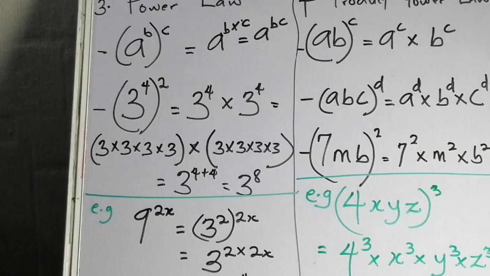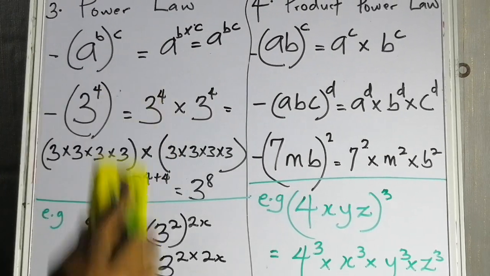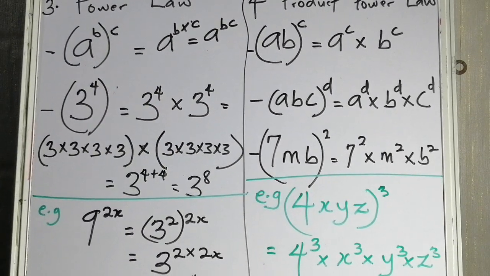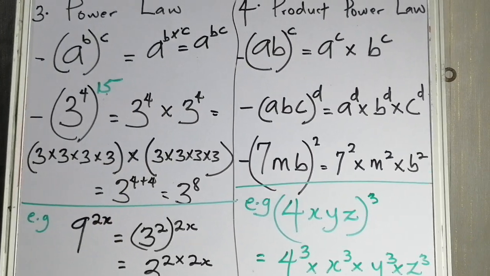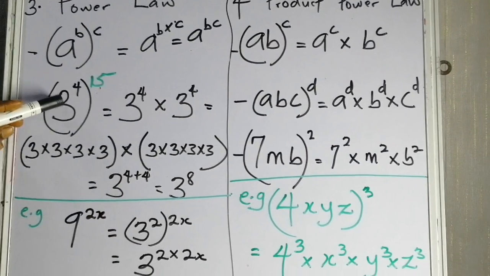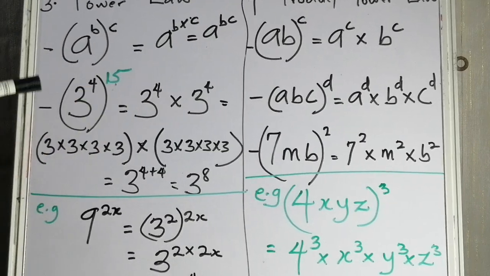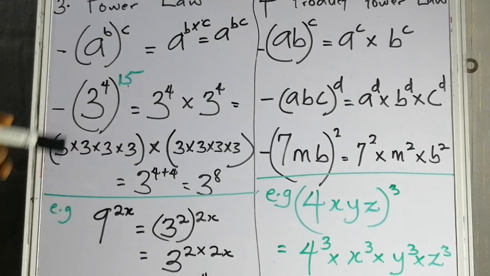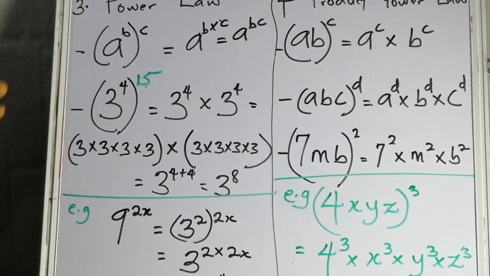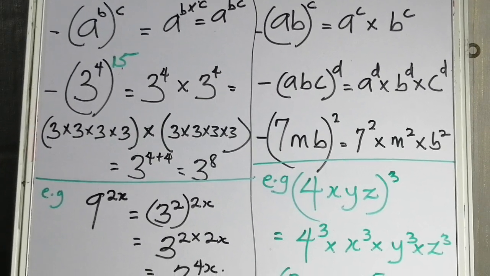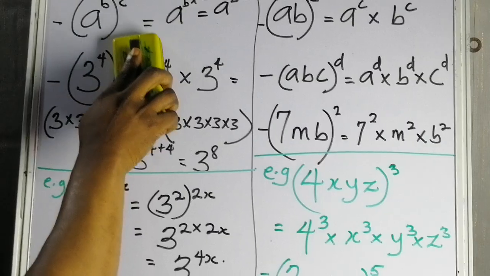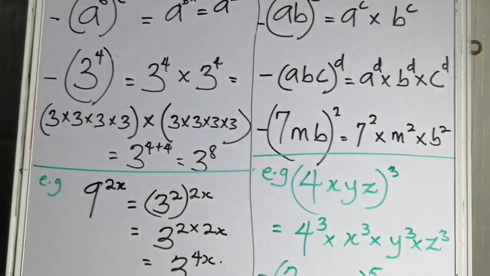It will be cumbersome for you to be writing 3 raised to power 4 in 15 places, 3 raised to power 4 times 3 raised to power 4, and so on. It will take a lot of time. So that is why the power law is there, to shorten that process for you.